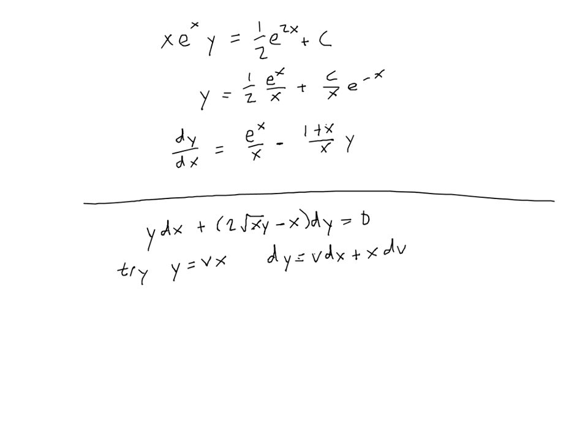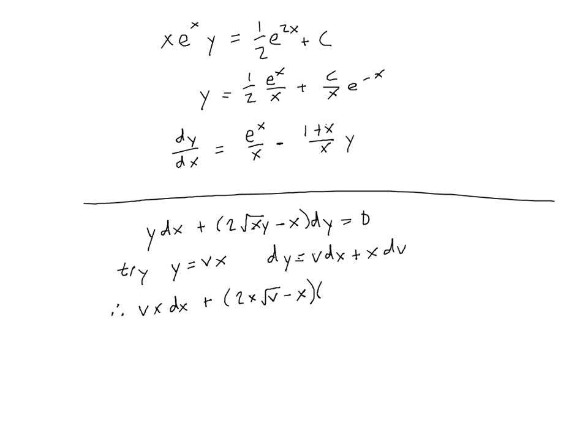Then if you substitute this into the equation, eliminating y in favor of a new variable v, we have vx dx plus 2 square root of, sorry, I messed up here, it should be x times v, x square root of v, minus x.